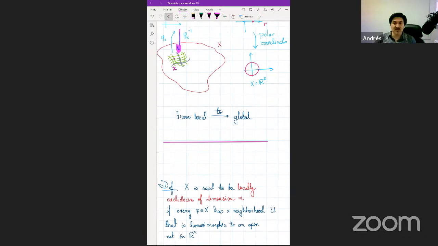So now let's make all of this more precise in our setting. So X is going to be a topological space. I know that maybe you will write it differently, but it would not be important to stress the topology, so I will just write a topological space.